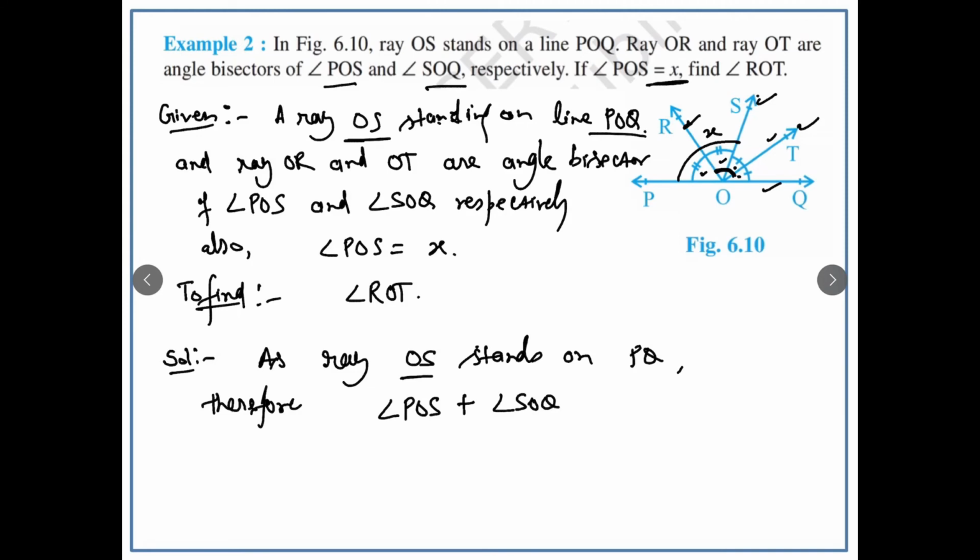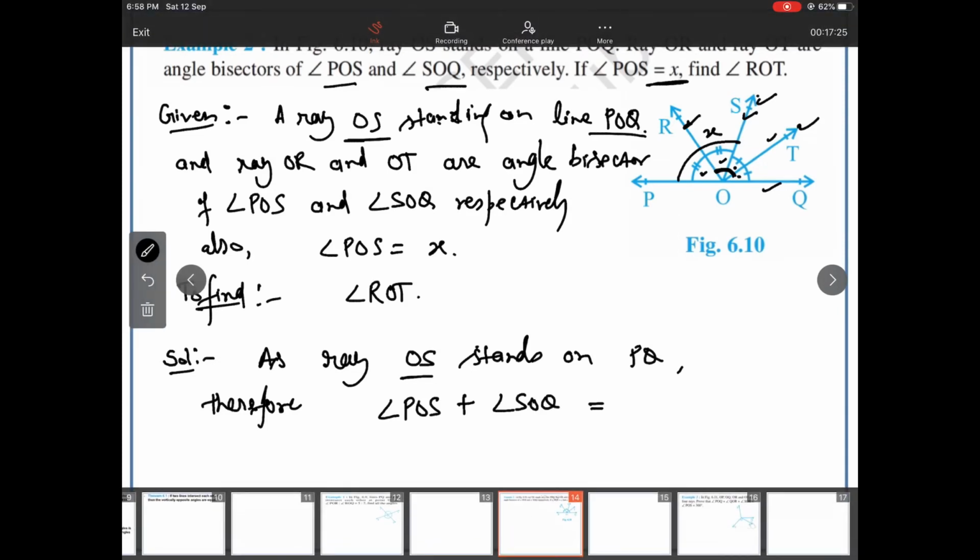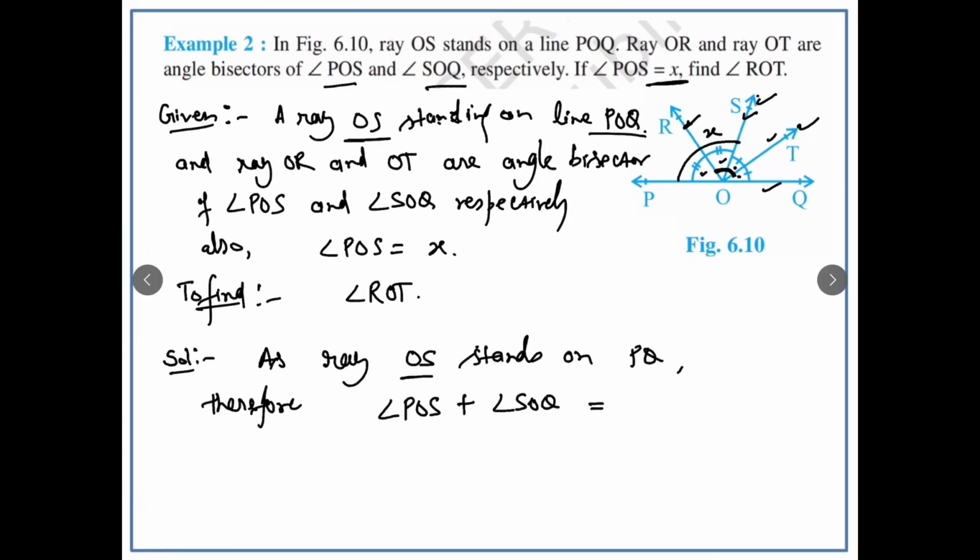Okay, when this ray OS is standing on the line PQ, it's making angle POS and angle SOQ, and their sum will be equal to 180 degrees. This is by axiom 6.1, which says if a ray stands on a line, the sum of the two angles formed is 180 degrees.